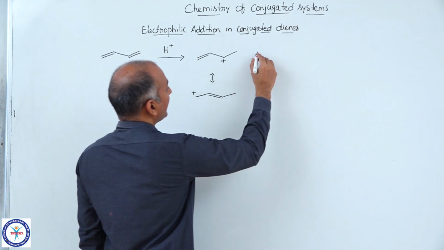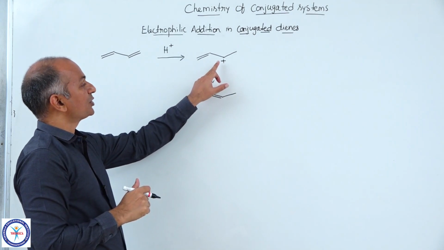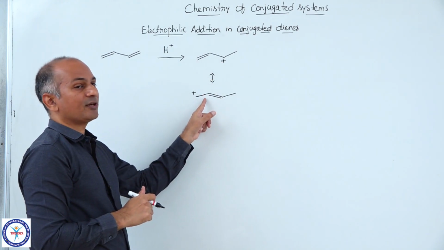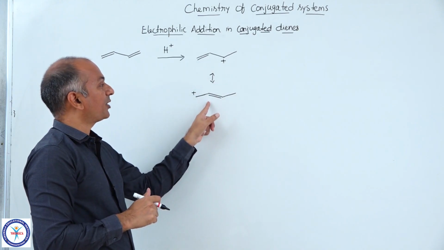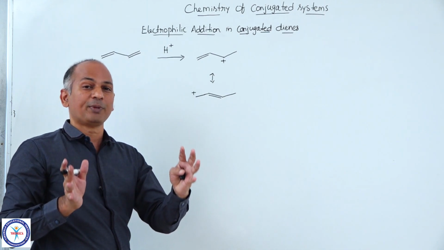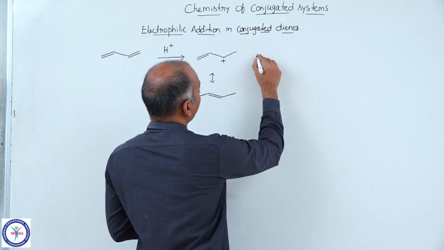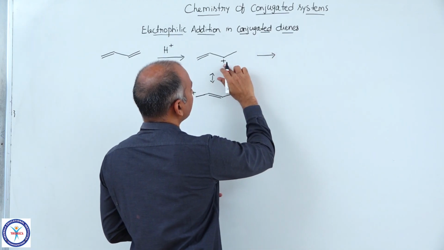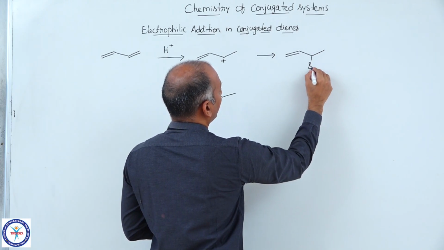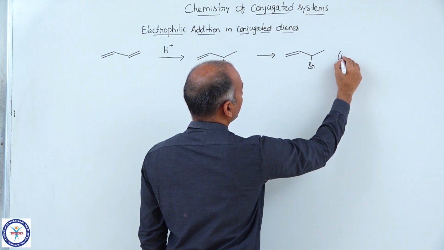Now if you see the hybrid of these two, we have partial positive charge here and partial positive charge here because of the contribution of both structures, and Br minus can attack any place. So if Br minus attacks this place, then the compound obtained is this one, and you all know it is called the 1,2 addition product.